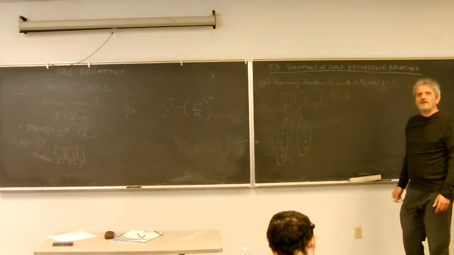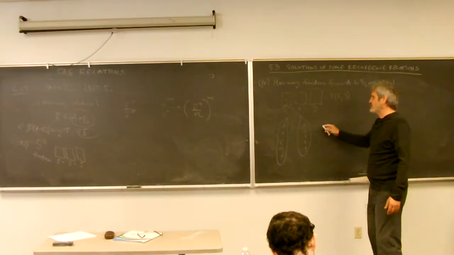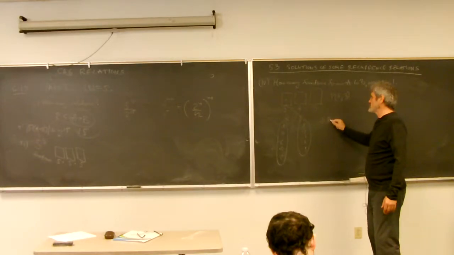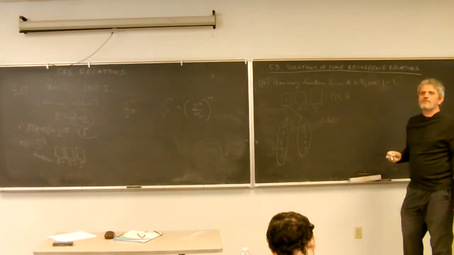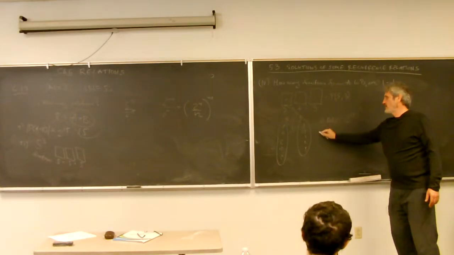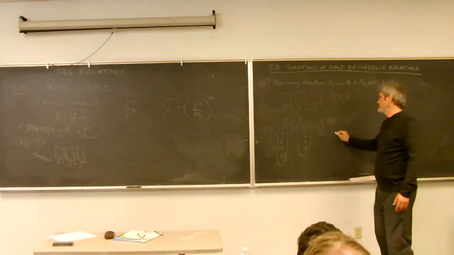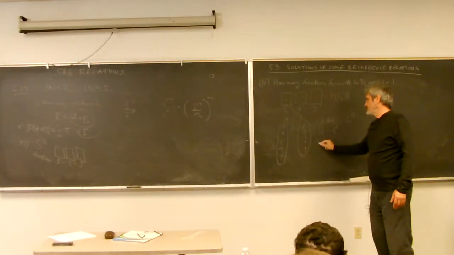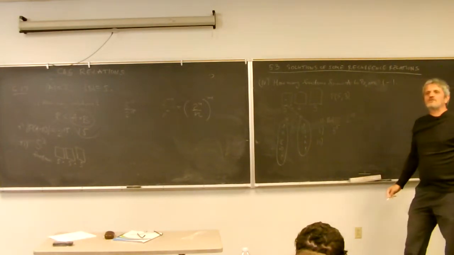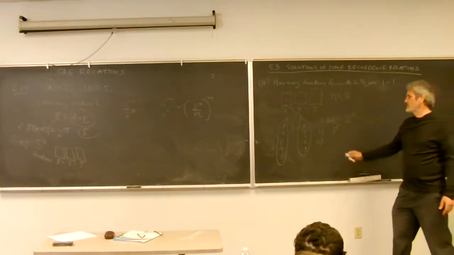If I have 5 and 5, let me ask you the same questions quickly, and that's where we'll finish. If I have 5 to 5, how many relations? 2 to the 25. How many are functions? 5 to the 5th. How many of them are one-to-one? 5 factorial.